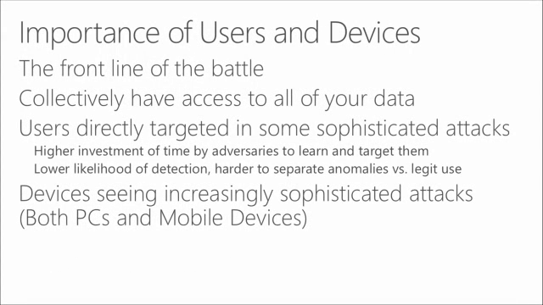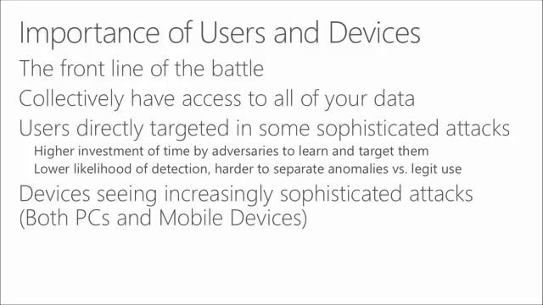When we look at users and devices in the context of really all security, but specifically cloud security, they're ultimately on the front line of the battle. They're the ones that are exposed, that are browsing the internet and checking email. These standard user accounts and devices are the exposure point in a lot of cases.